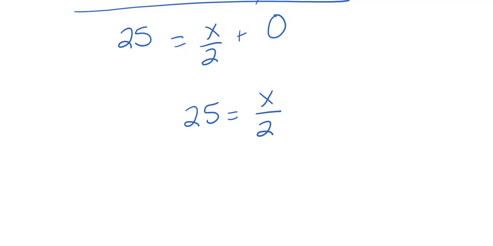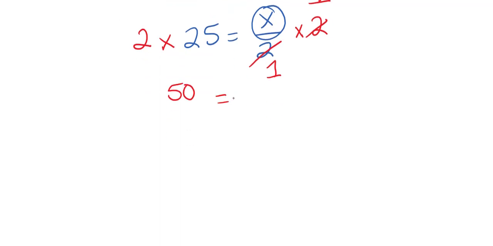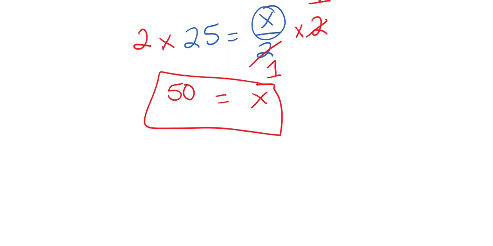The next thing would be, because we can't do any more adding or subtracting, to undo this division to get x by itself, we multiply both sides by 2, because 2 over 2 becomes 1. Now 2 times 25 is equal to 50, and that would be equal to x. So x is equal to 50.